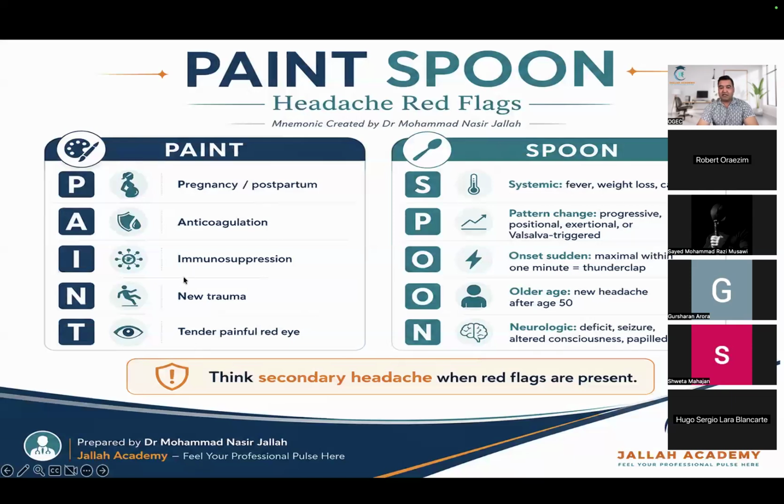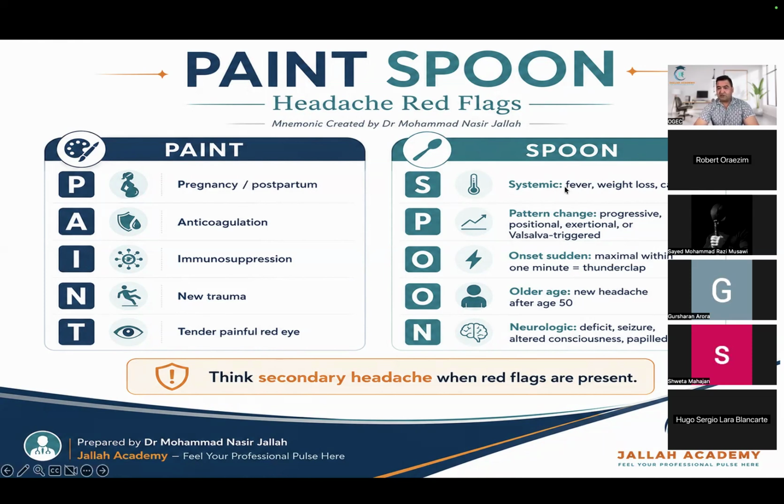If the patient is on immunosuppression, on immunosuppressant, red flag. If this headache happened after a new trauma, especially head trauma, red flag. If the patient has a tender painful red eye and it is unilateral, red flag.